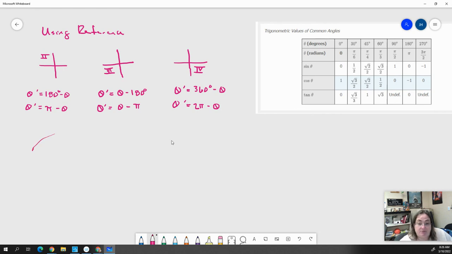So let's evaluate cosine of 4 pi over 3. Now, again, it would also help you to have a unit circle to see where 4 pi over 3 would lie, right? And I can make one really quickly here.